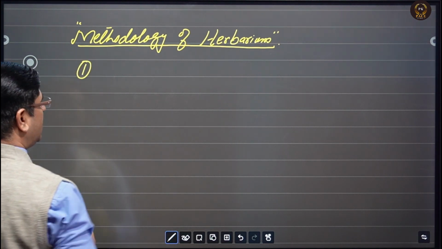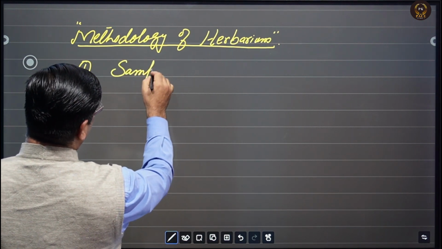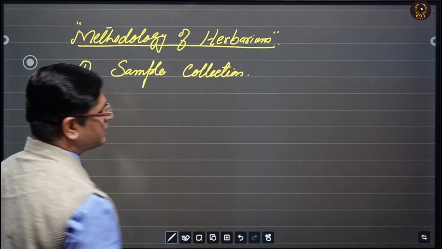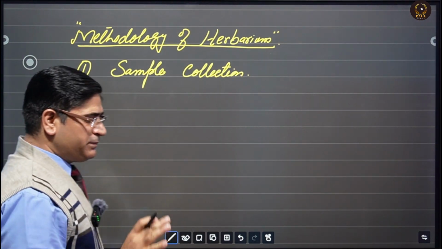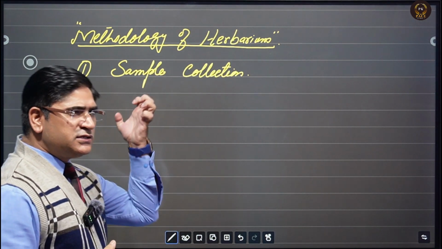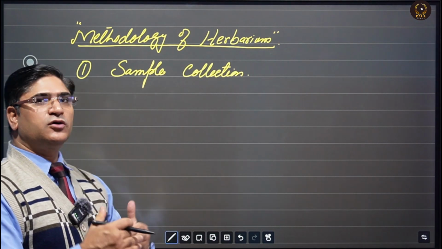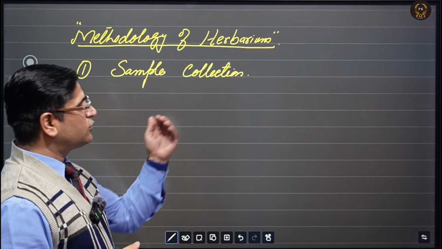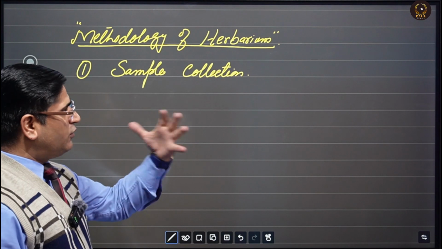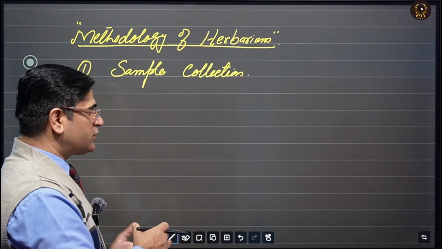Number one, the important first step is sample collection. To prepare the herbarium specimen, we must select which plant's specimen to use. Plants that are endangered or nearly extinct are preserved, with their morphological characters kept in a particular place or store.